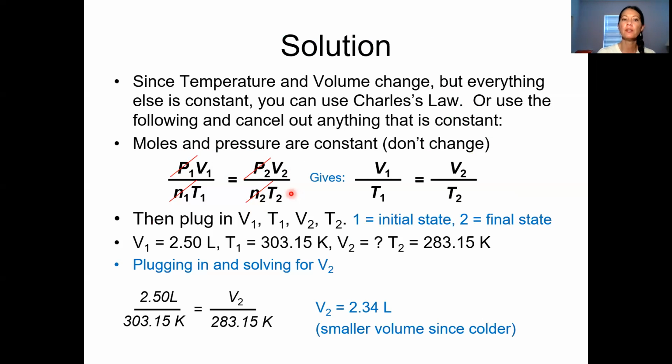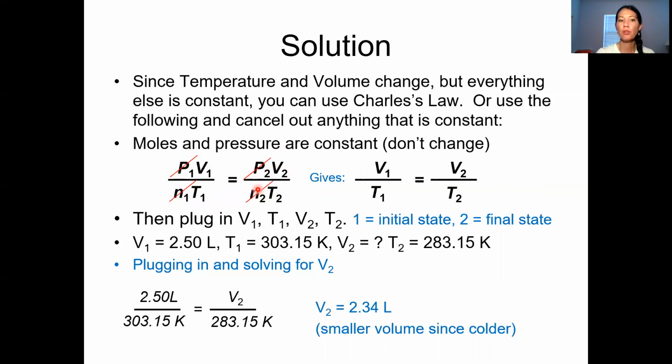The way you use this is you just start here. You don't even need to know the individual gas laws. You can always get to them this way. If pressure is constant, that means P1 and P2 are the same and they cancel out because they're on opposite sides of the equation.